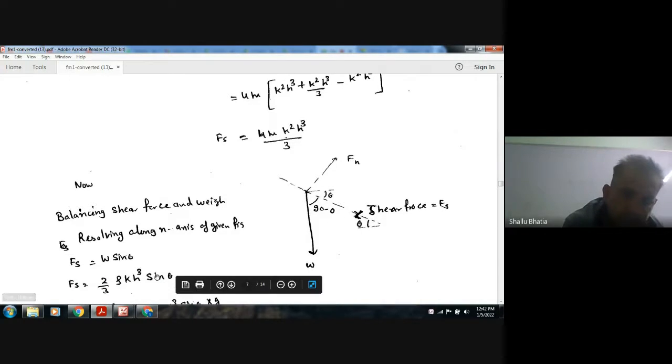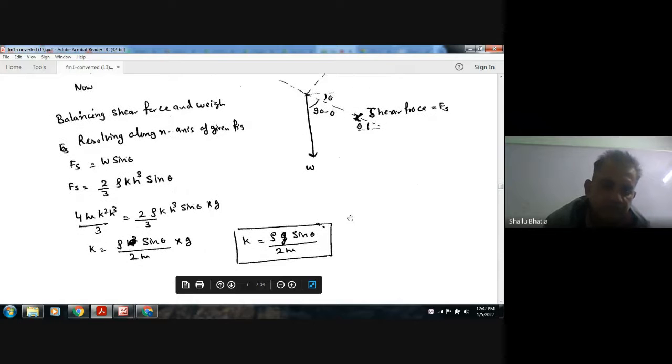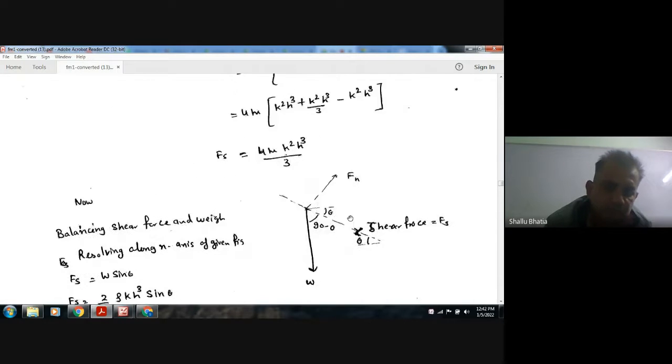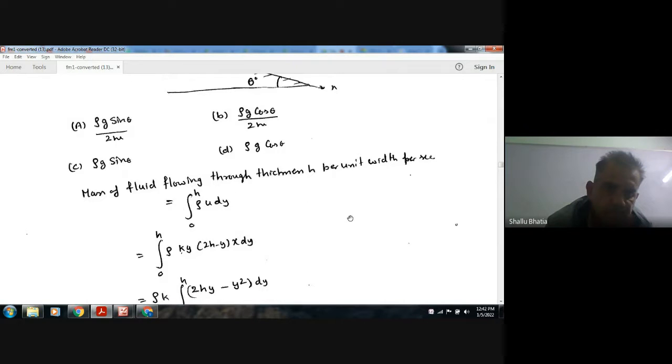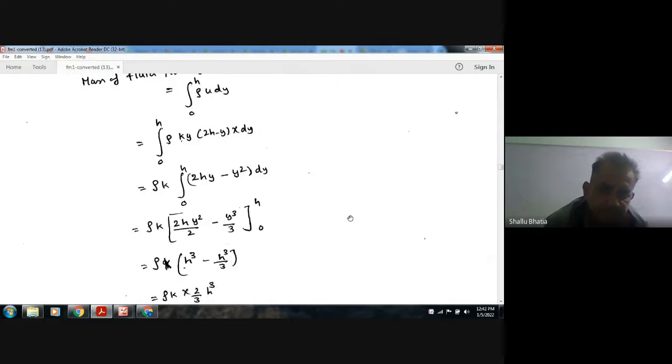Then solving it, the component of W along the plane is W sin theta. So the answer is rho g sin theta by 2 mu, option A.